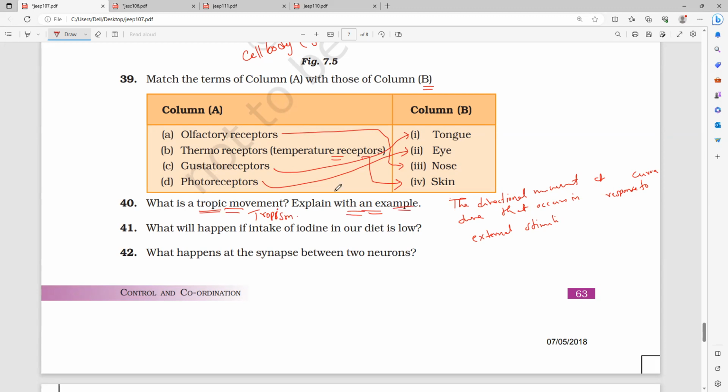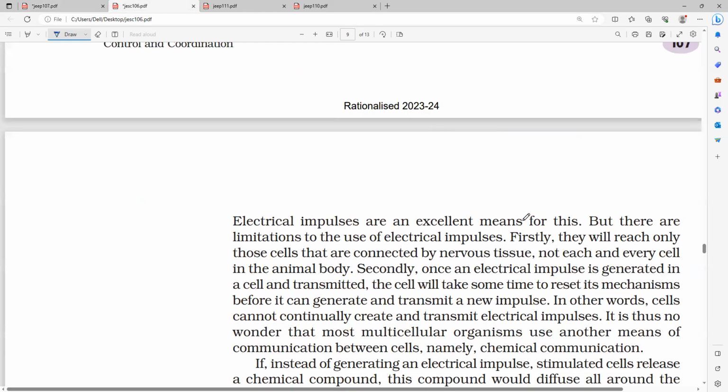We have many examples. Growth responses occur due to the distribution of one hormone, auxins. If you take here, you can see the shoot will always bend towards the light. You can notice it in this picture also.